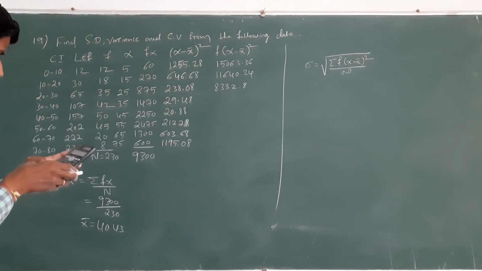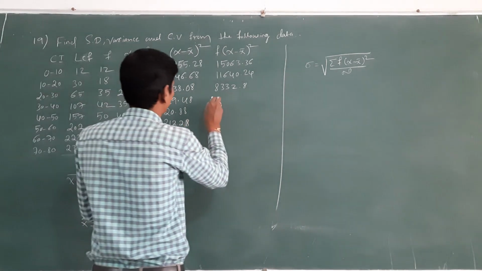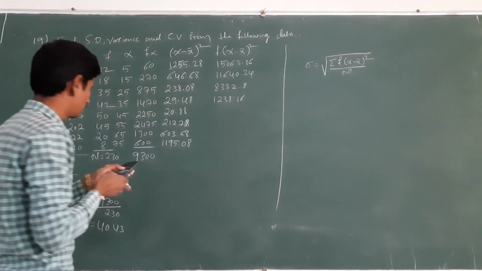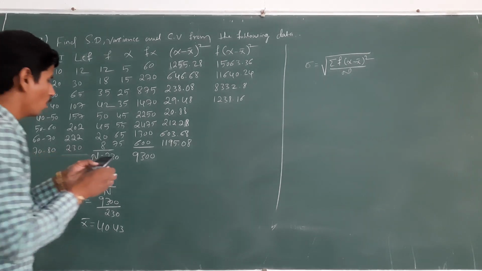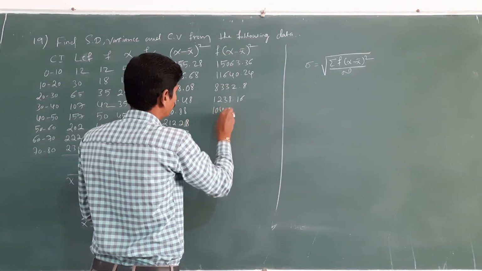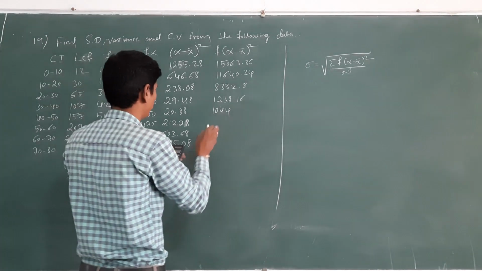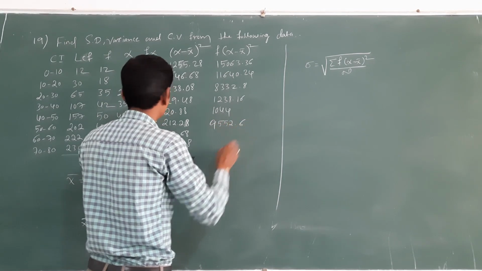The next 42 into 29.48 is 1238.16. The next frequency is 50. 50 into 20.88, then we will get 1044. The next frequency is 45. 45 into 212.28, then we will get 9552.6.